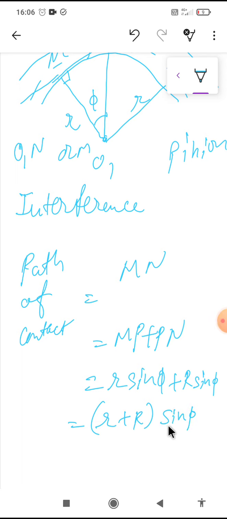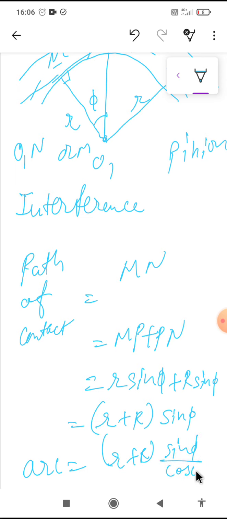This is the maximum length of the path of contact. If you want the maximum length of the arc of contact, then it will be (r plus R) sin phi divided by cos phi. So we get the arc of contact.